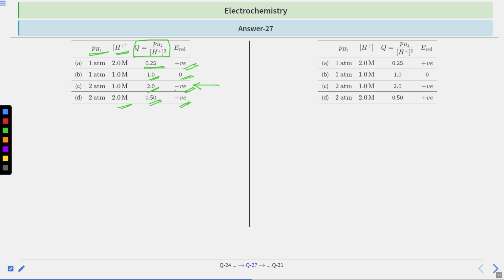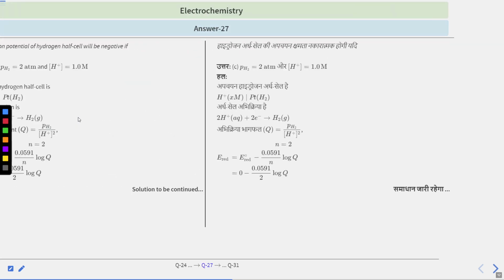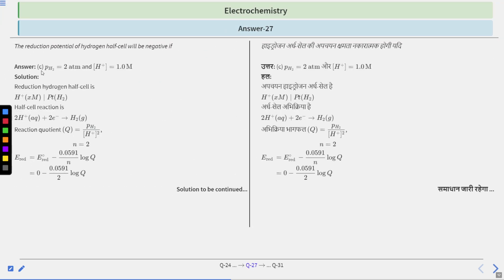That's why E of reduction is negative, and so it is happening only in the C option, right? So negative value is only present when the C option conditions satisfy the Nernst equation. So pressure of H2 will become 2 atmosphere and H positive concentration will become equal to 1 molar. And thus option C is the correct answer.